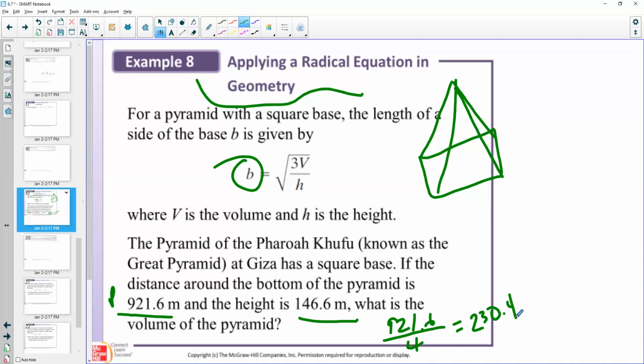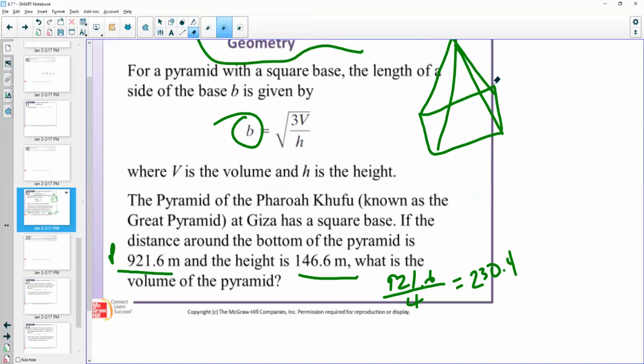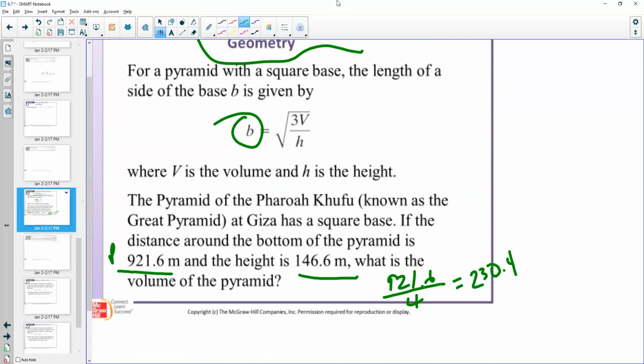And now I'm just going to fill stuff into the formula. I'm going to erase my beautiful pyramid here. I need that space. Actually, it would make more sense to do this before I put the numbers in, wouldn't it? So what I really want to do here is get V by itself.